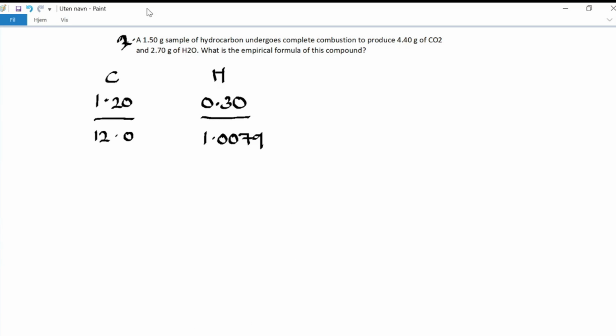So if we divide 1.20 by 12.0, we get 0.1 for carbon, and if we divide 0.30 by 1.0078 or 79, whatever you like, we get the same number.